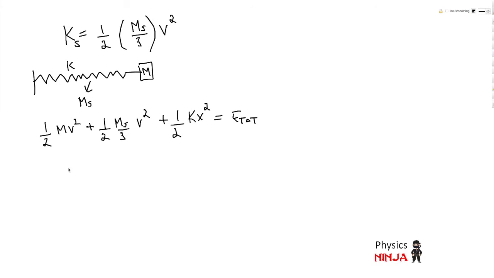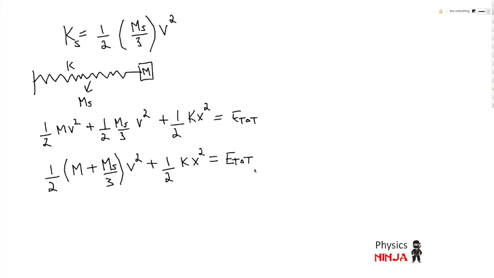Notice it's very, very similar to what we had on one of the first slides. Actually, what I'm going to do is group together the kinetic energy terms. So I've just factored out the 1/2 and the v squared terms, just to make the equations look almost exactly the same as one of the first slides I showed today, where we neglected the mass of the spring.